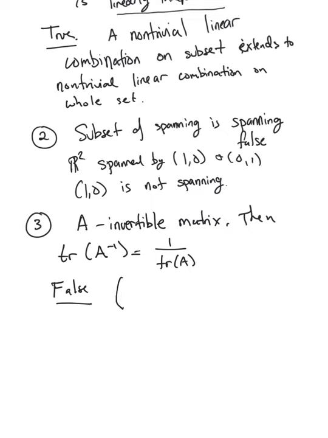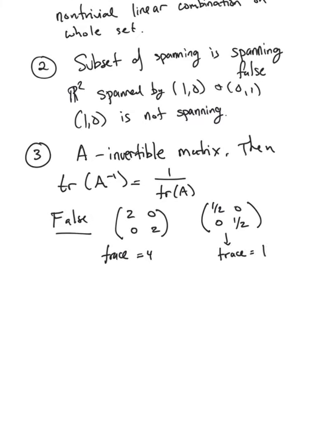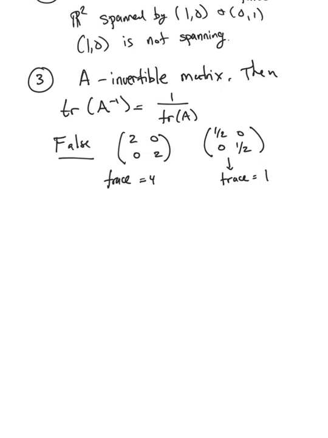If you look at the matrix 2, 0, 0, 2, this is invertible and the trace is 4. On the other hand, its inverse is a half, 0, 0, a half, which gives you that the trace is 1. Okay, so essentially anything that you put works, but of course this is true if A is just a 1 by 1 matrix, so you have to be a little bit careful.